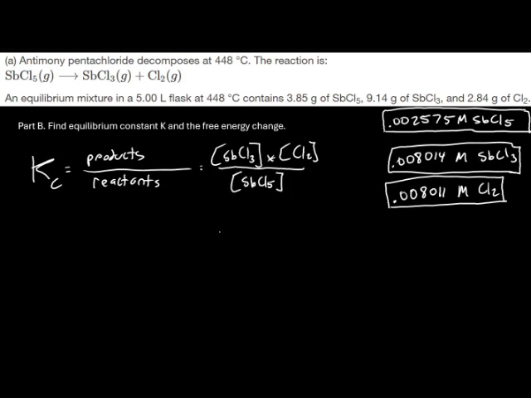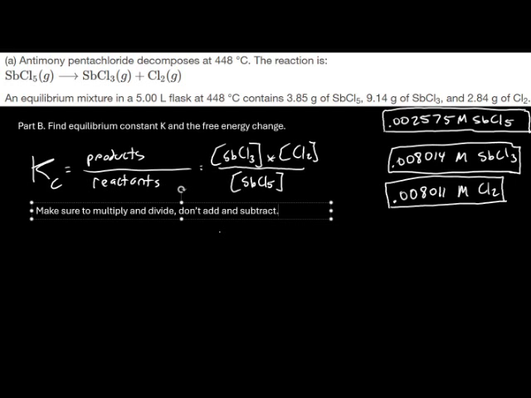Be very careful to multiply your reactants and products together rather than adding or subtracting. Also, be careful about your coefficients on each reagent. If we have a coefficient next to any of the reagents, we will add that in as a power in the Kc equation.